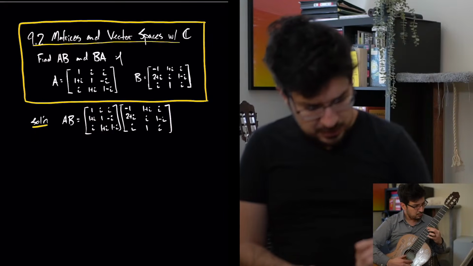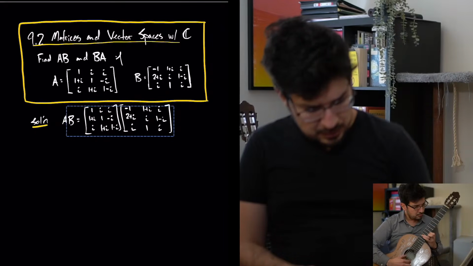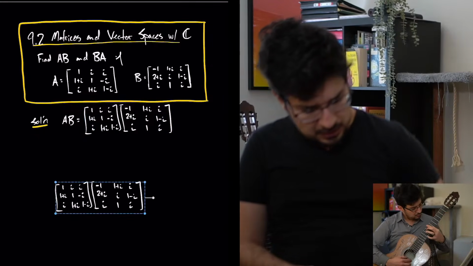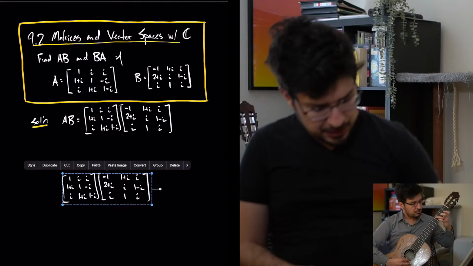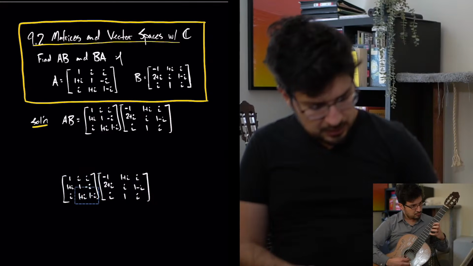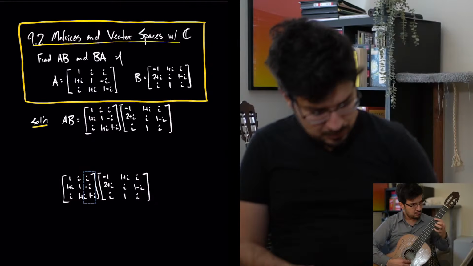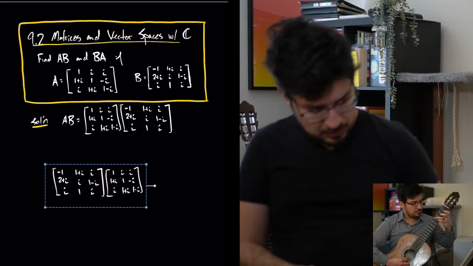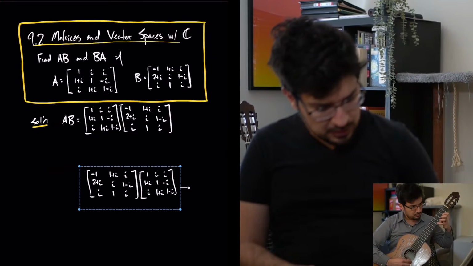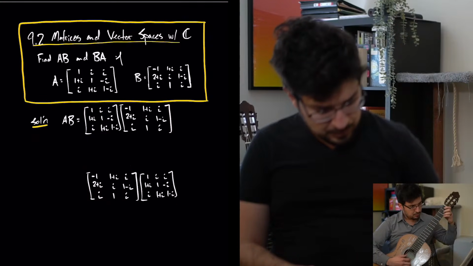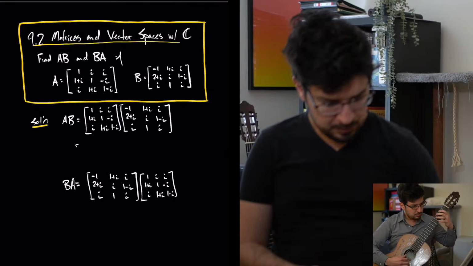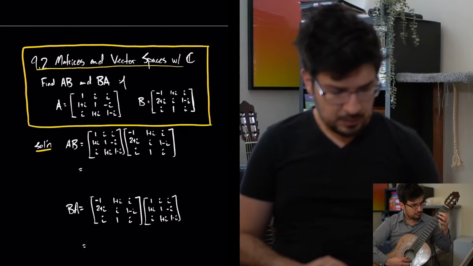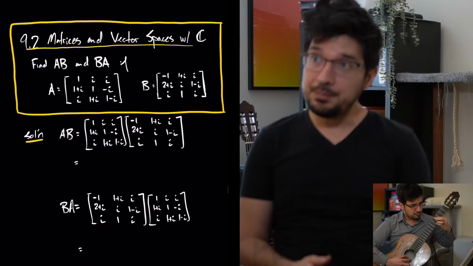Okay, so whatever that is, we can duplicate this, give ourselves a little bit of space, and rewrite where this will be B times A. Okay, so first, A times B.